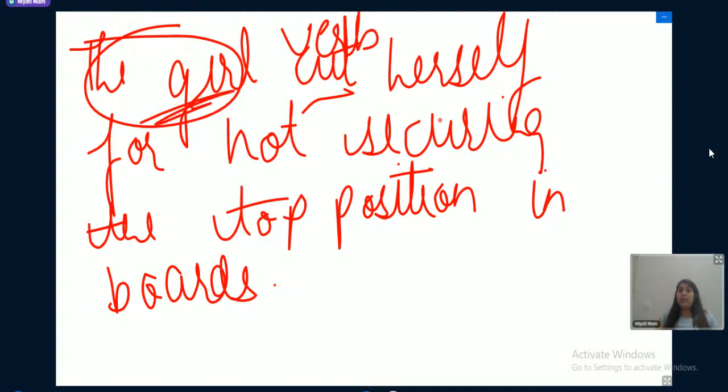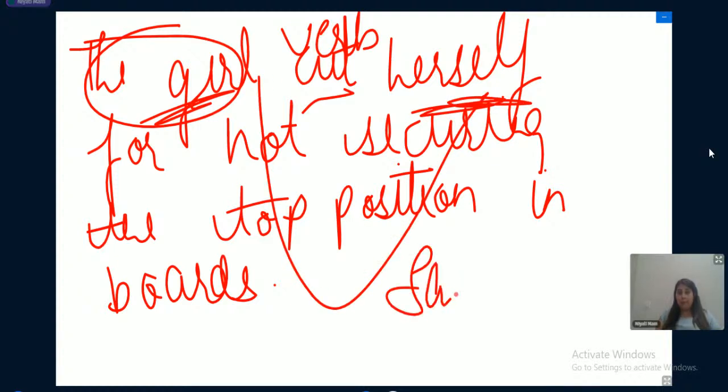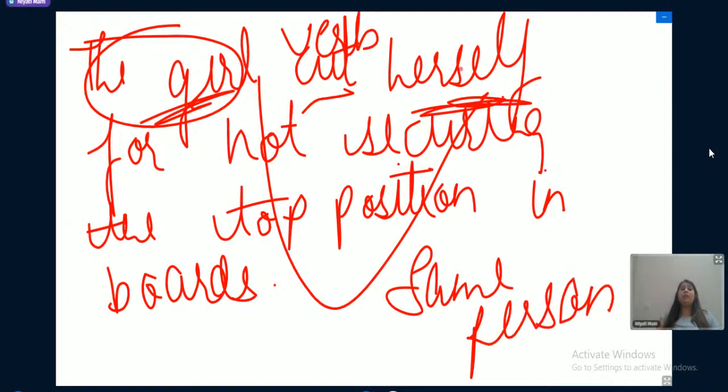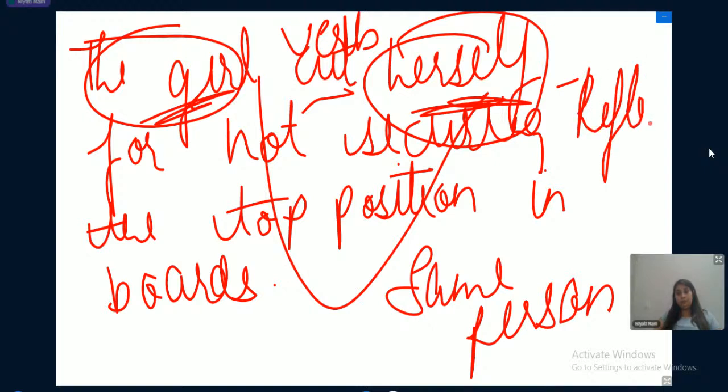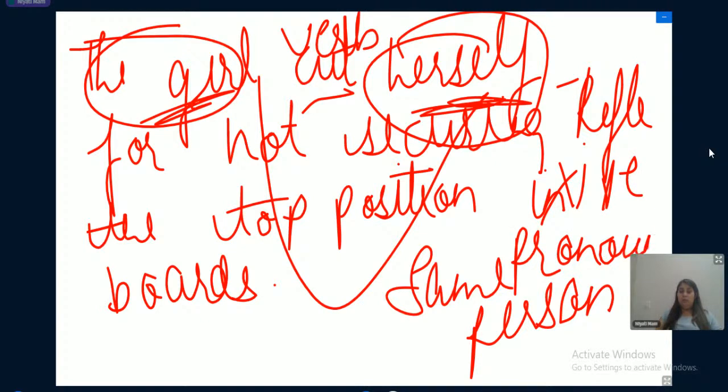Now the subject and the object of the sentence are both the same person. So this word is a reflexive pronoun.